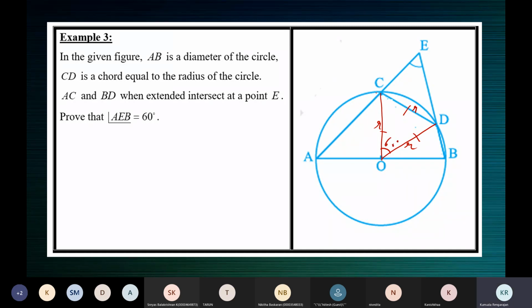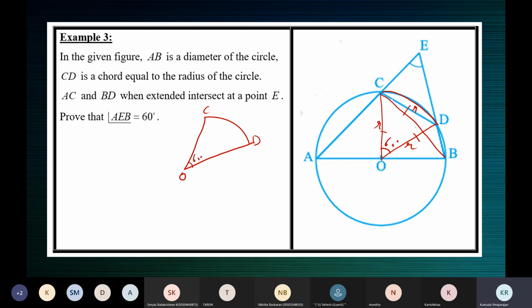Now we also understood that we have to join BC, so that we can use the property angle in a semicircle is a right angle. Now see this arc CD. Arc CD makes COD at the center.